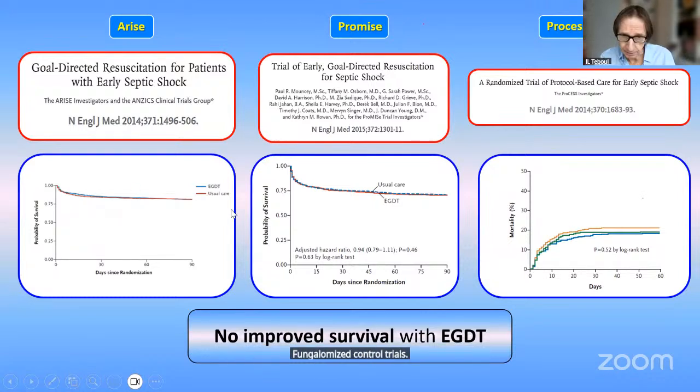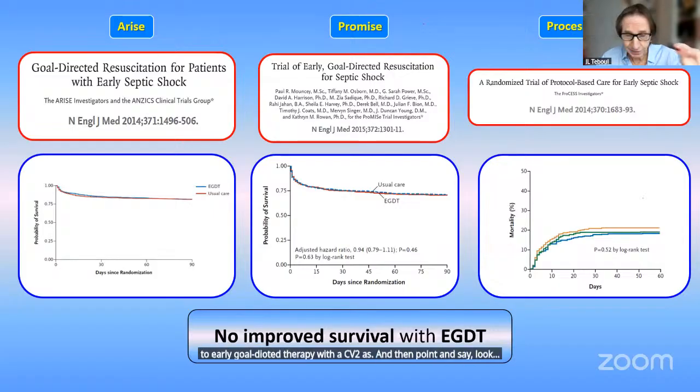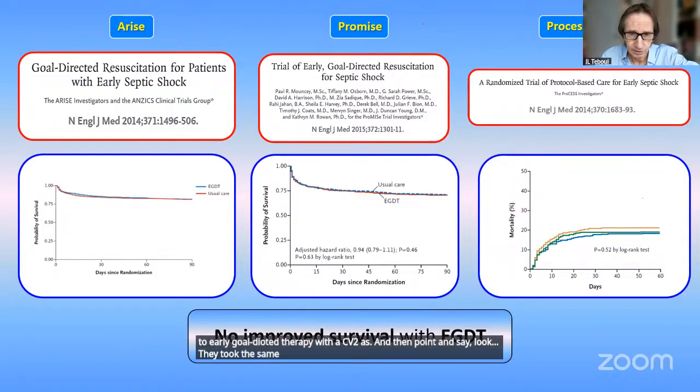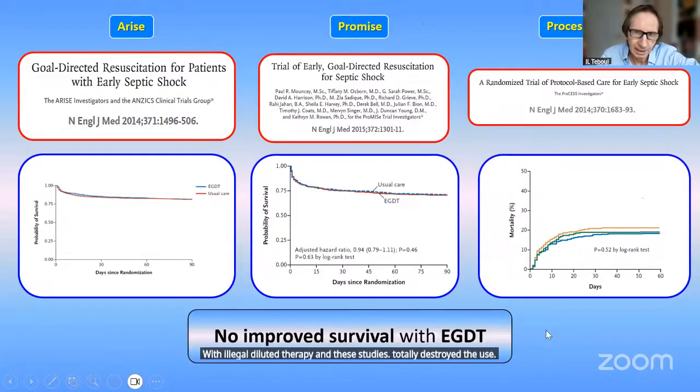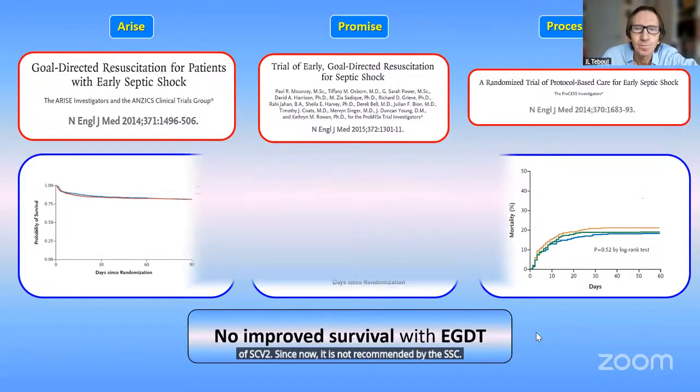And they compared usual care to early goal-directed therapy with ScvO2 as an endpoint. And they took the same target, 70%. As you can see, there is no improved survival with early goal-directed therapy. And these studies totally destroyed the use of ScvO2, since now it is not recommended by the SSC guidelines.